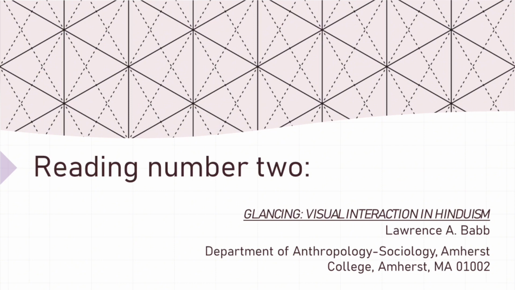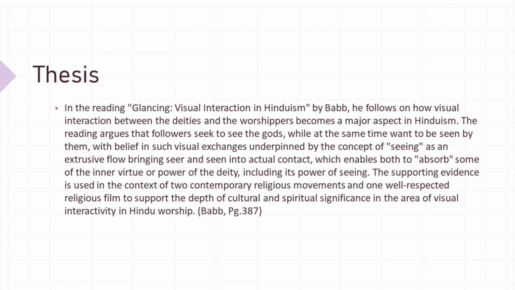Now, reading number 2 is Glancing Visual Interaction in Hinduism by Lawrence A. Babb. In the reading Glancing Visual Interactions in Hinduism by Babb, he follows how visual interactions between the deities and the worshippers become a major aspect in Hinduism.